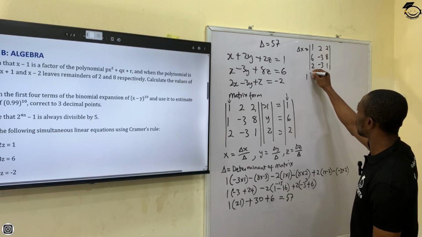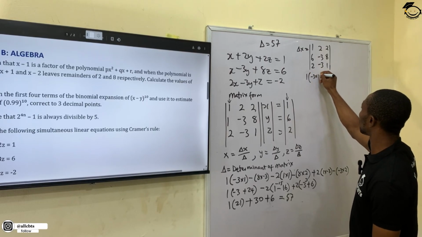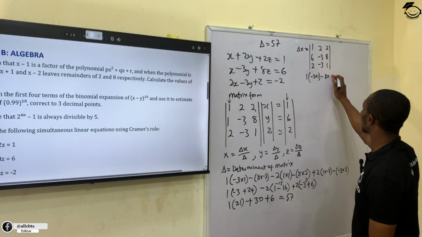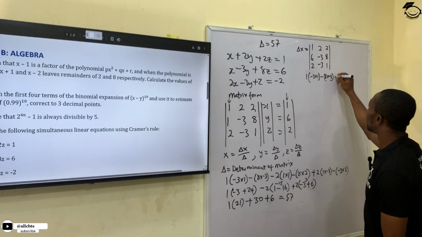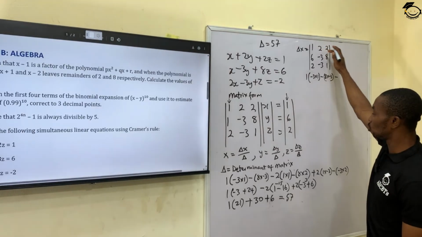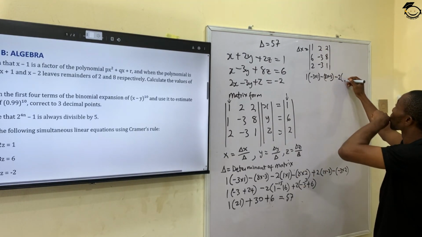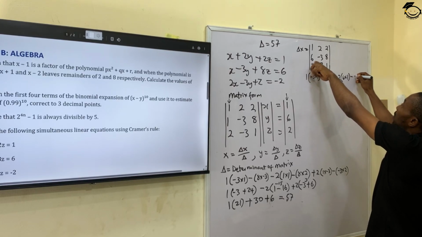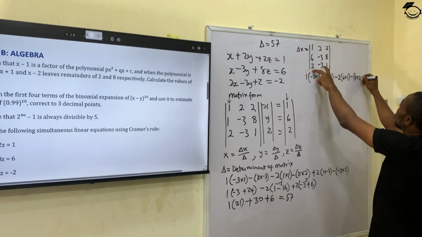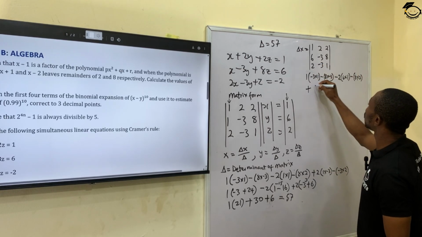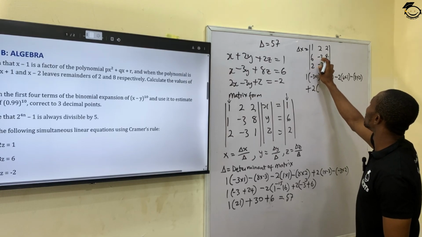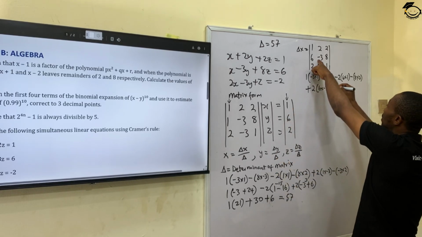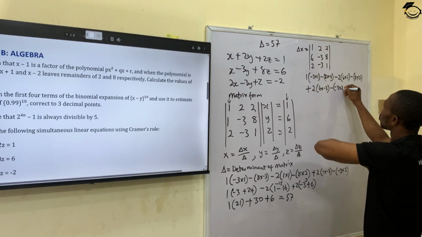So this becomes 1 bracket minus 3 times 1 minus 8 times 3, minus 2 bracket 6 times 1 minus 8 times 2, plus 2 bracket 6 times minus 3 minus 3 times 2.